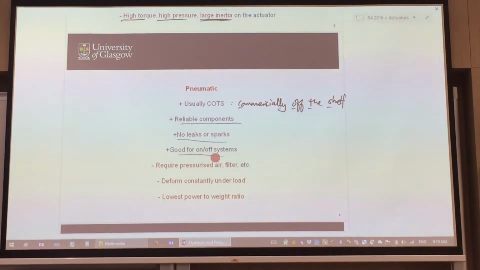But say you need to do this rapidly. The hydraulic would not be able to respond to that frequency that well compared to your pneumatic system. Your pneumatic system uses compressed air, so it's actually good for this on-off kind of system.